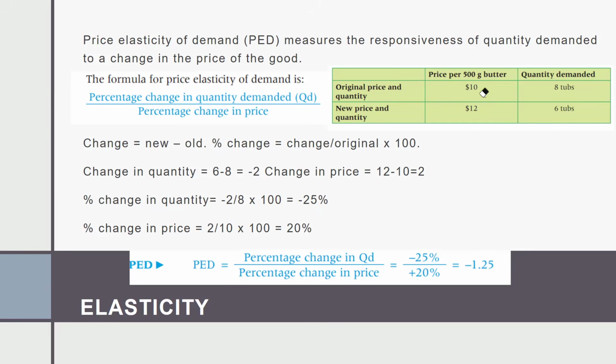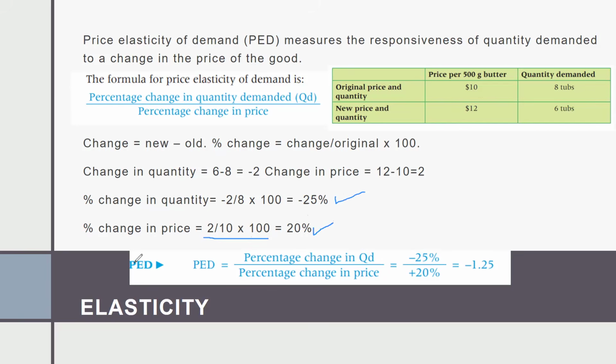So it will be positive 2 divided by the original price, which is $10, multiplied by 100. So I get my percentage change in demand and my percentage change in price.